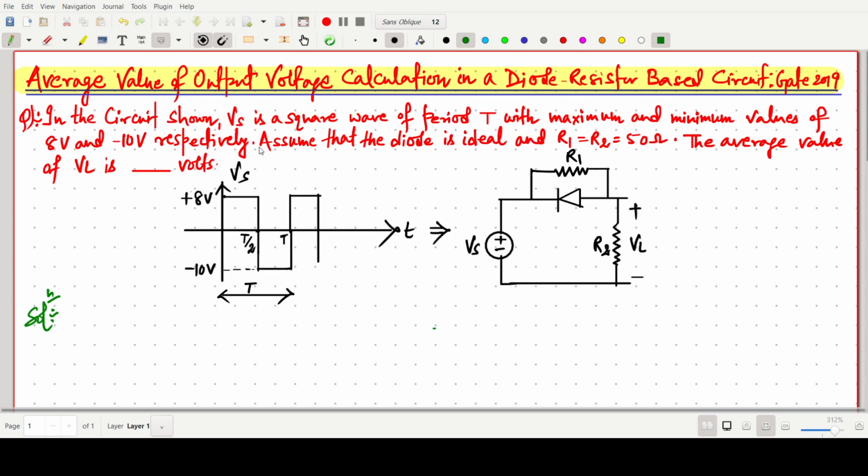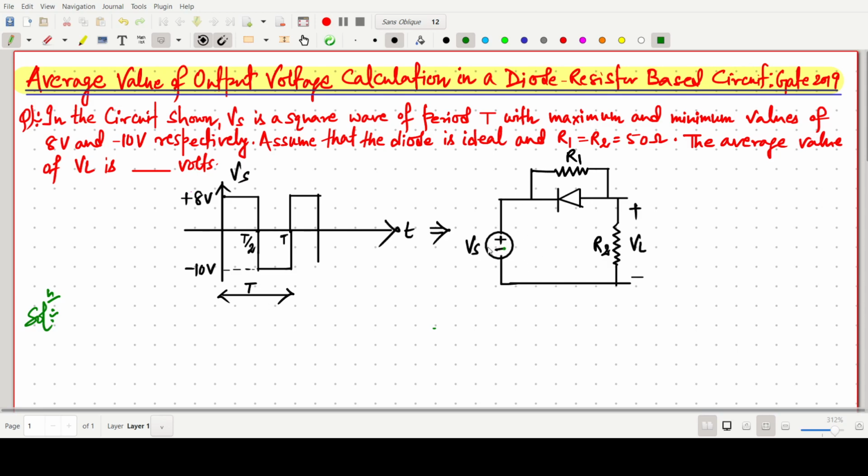In the circuit shown below, Vs is a square wave of period T, in which the maximum and minimum values of the voltage are 8 volt and minus 10 volt. The corresponding circuit is this.